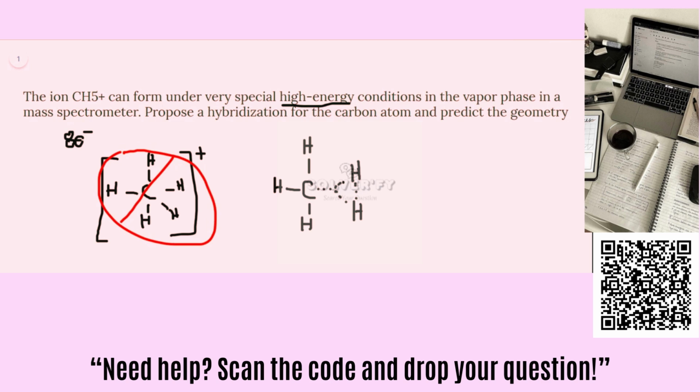However, in this case, the bond is between 3 atoms and 2 electrons. So these dashed lines indicate that these aren't 3 bonds, but rather 1 bond that's sharing 2 electrons. And this whole thing needs a positive charge.